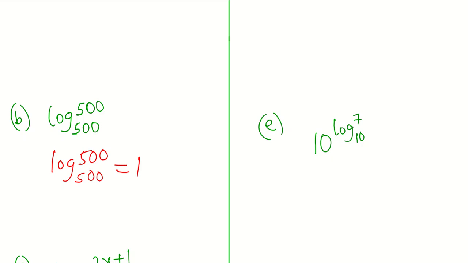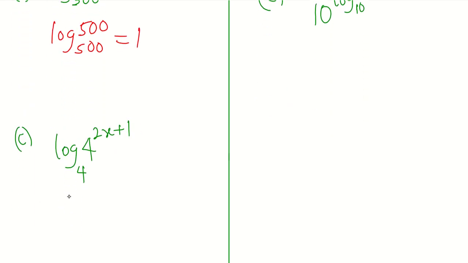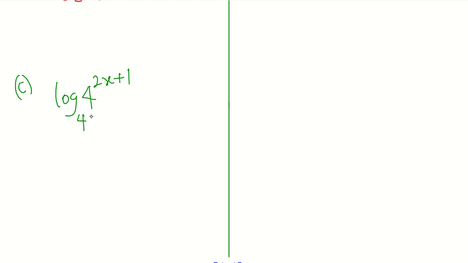Now the next example we have here is logarithm of the argument 4 exponent 2x plus 1 to the base 4. Remember that we said that logarithm of a number to the same base is 1, which means our logarithm of 4 base 4 is going to give us 1. That is it. Now let's look at the exponent. From the laws of logarithm, we said that if this happens, then this 2x plus 1, as the exponent, is going to serve as the coefficient to the logarithm.